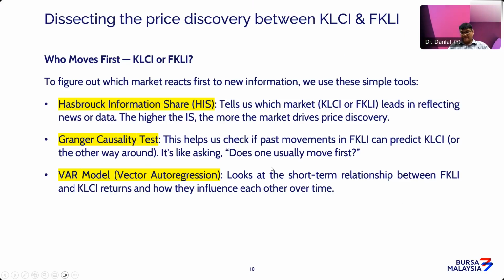But the general assumption, our default hypothesis, is that KLCI futures is a price discovery tool. The price discovery tool means if you want to know what would be the FBM KLCI 2 months or 1 month from now, we refer to KLCI, probably the April contract, May contract. So that's basically what our price discovery tool meant.